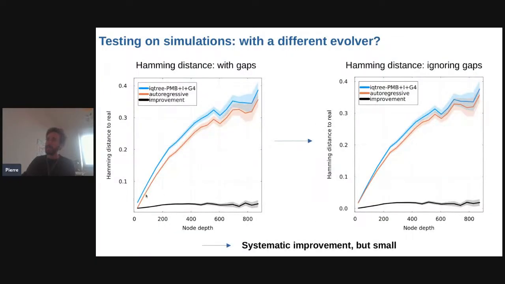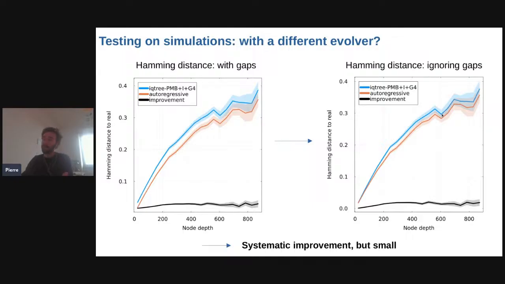Here we also get a systematic improvement, but typically much smaller, okay? This is with gaps, this is ignoring gaps. And here you have a systematic improvement of maybe 2-3% Hamming distance, which is much smaller than the previous one. What this means is that it's not only the fact that you're using a generative model, it's how exactly the evolution is simulated that seems to matter for these reconstructions.